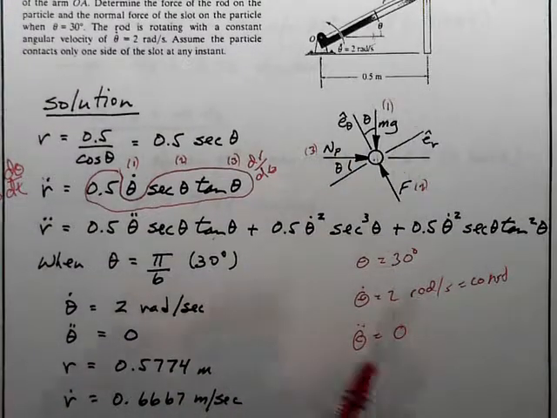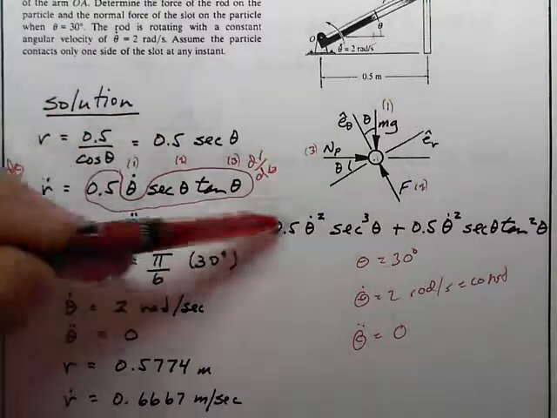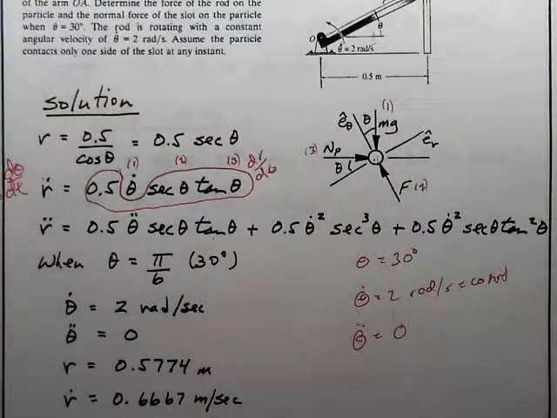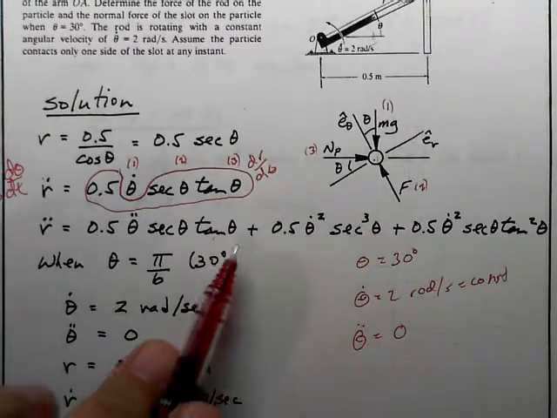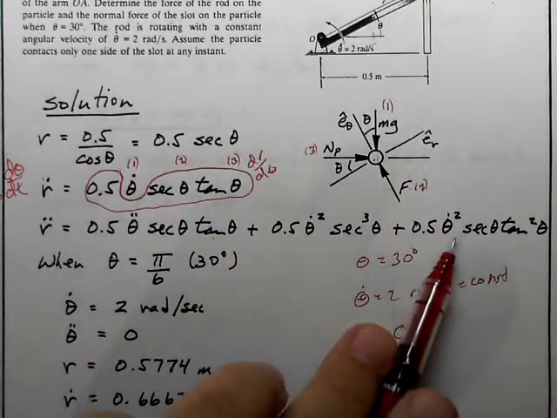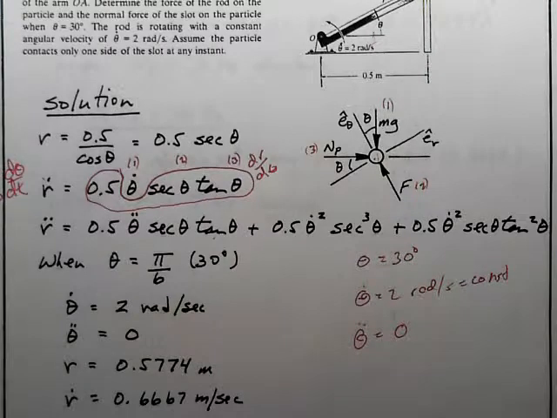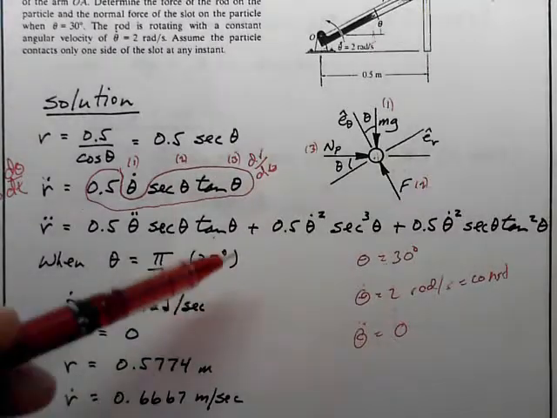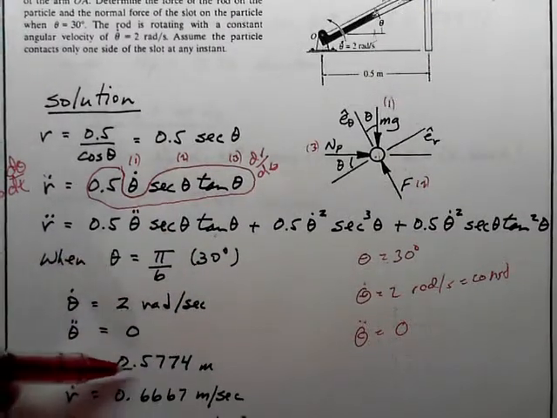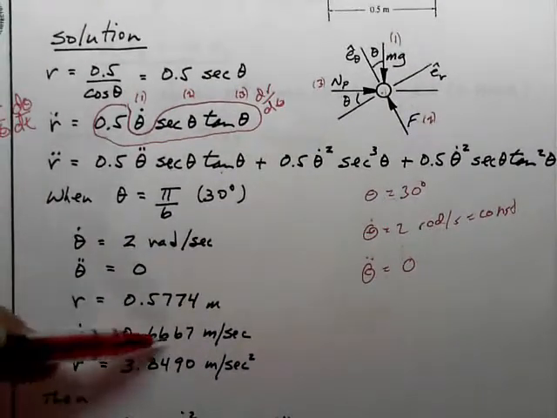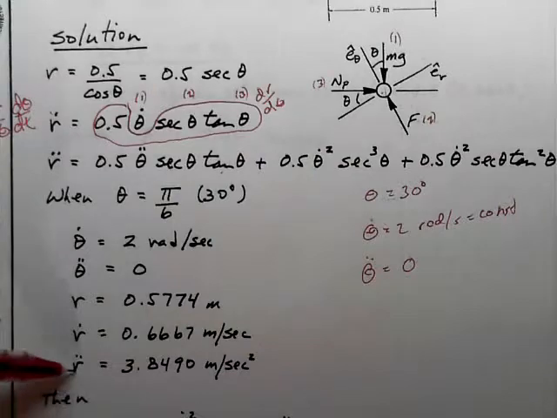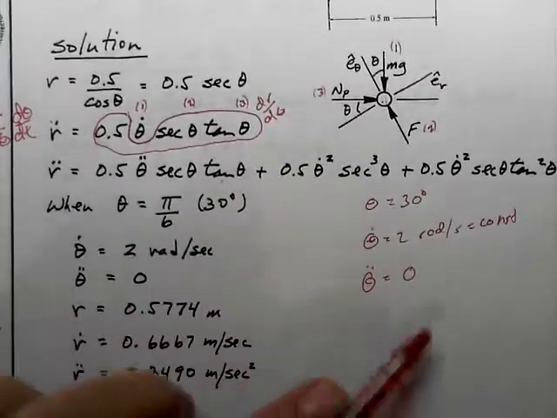Taking these numbers and plugging them numerically in, I'll plug in a theta double dot, a theta, a theta dot, and some theta dots and some thetas. I got a lot to plug in, but when I plug in these numbers, I'm going to get r is equal to 0.5774. I will get r dot is equal to that, and I'll get r double dot is equal to that.